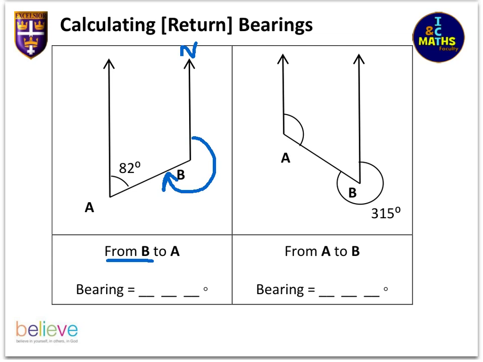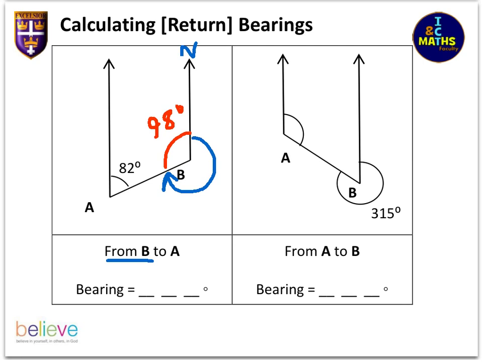Right, the next thing is I need to use my allied angles properties, so I calculate that angle I've marked in red. It's allied with 82, so that means it has to be 98 so that together they add up to 180. Now that I know that one's 98, I can find out the bearing that I marked in blue, because together 98 and the bearing must make my complete turn.